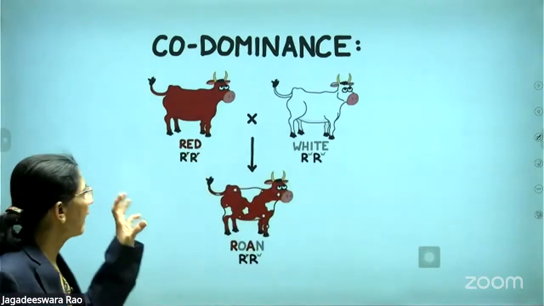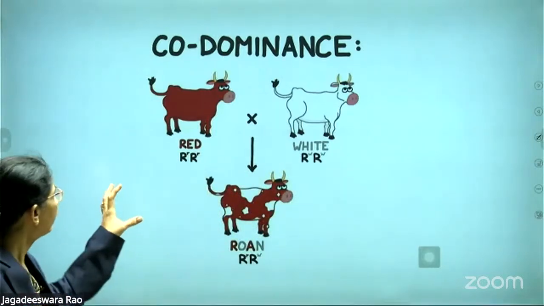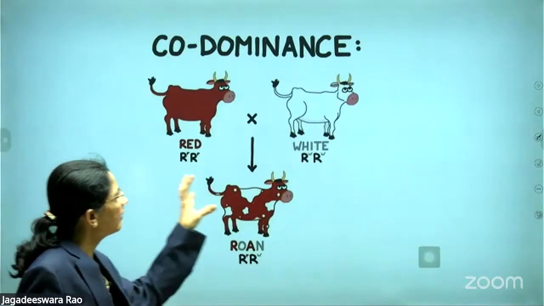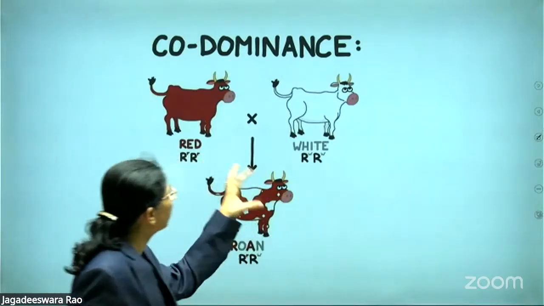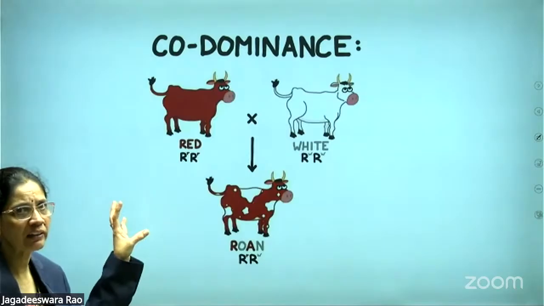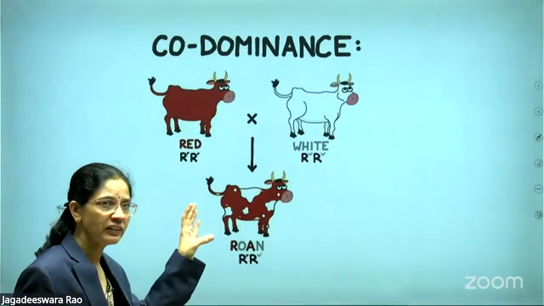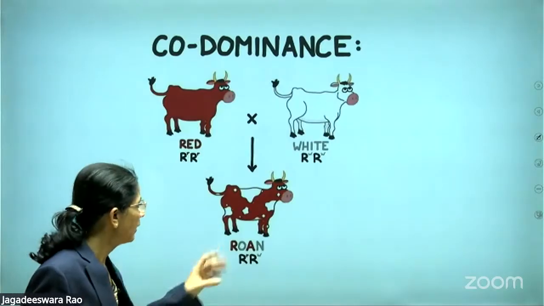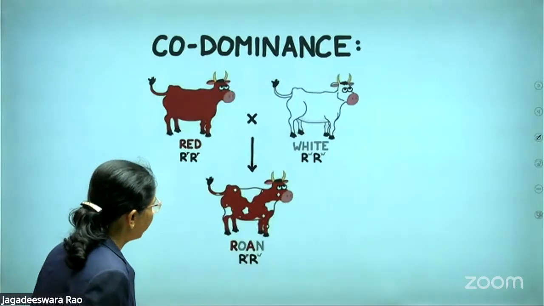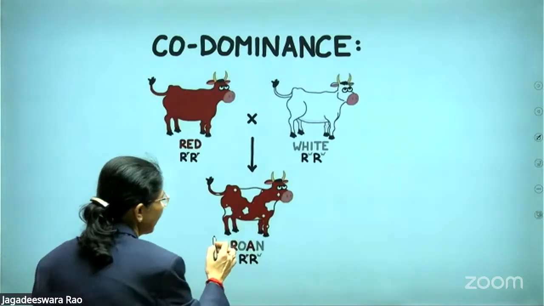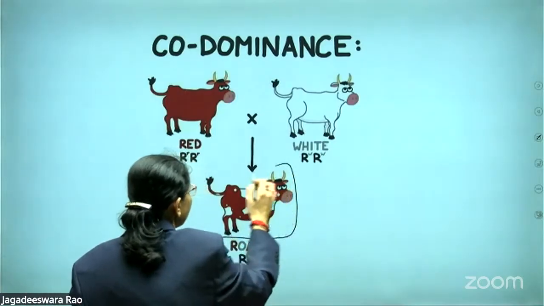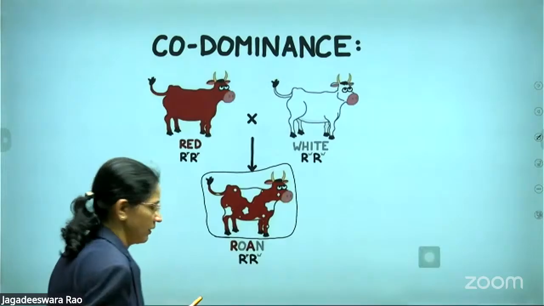If you observe the cattle, cow, if there is a red cattle and a white cattle, if they are bred together, there is a cross between them, fertilization occurs, then the F1 hybrid will be having a mixed color, that is red cattle with white patches.